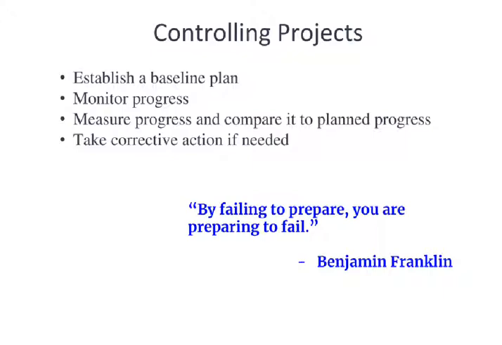That's one option. Or perhaps the baseline plan is flawed. Perhaps our early understanding of how this is going to proceed, how resources will be utilized, how the schedule will proceed was inaccurate. And in that case, we might actually have to adjust the plan.